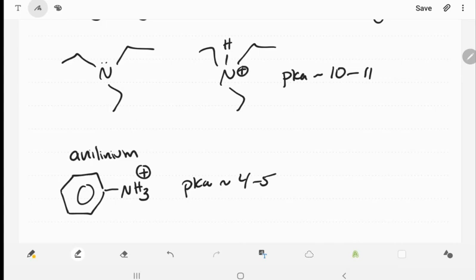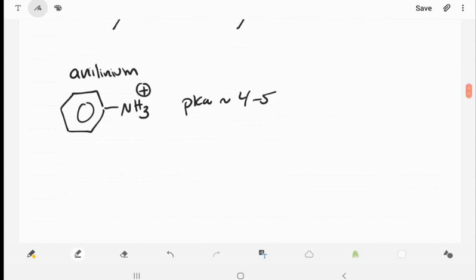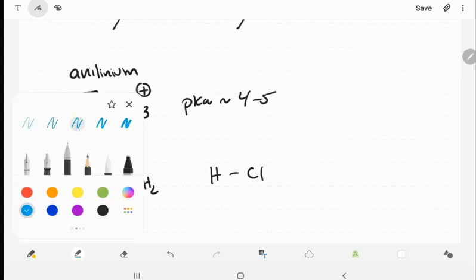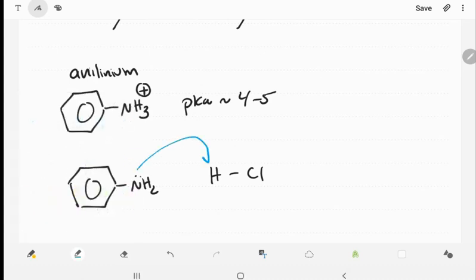And the reason for this is because we have resonance going on. The electron density that the nitrogen will use to grab a proton, whatever our base is, whatever electron density is on that nitrogen, that's what's being used to grab the proton, right?